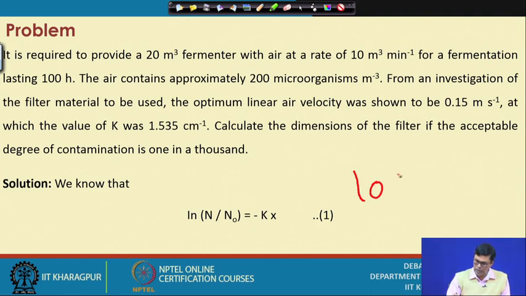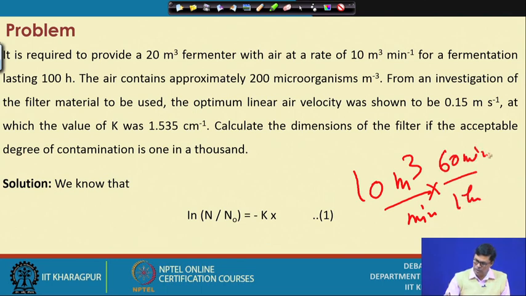This is 10 cubic meter per minute. So, how can you convert it into per hour? 1 hour equals 60 minutes, so the minutes will cancel. So, 10 into 60 you can do, and for 100 hours, how much volume will be there? You multiply it by 100, then you will get the total volume.